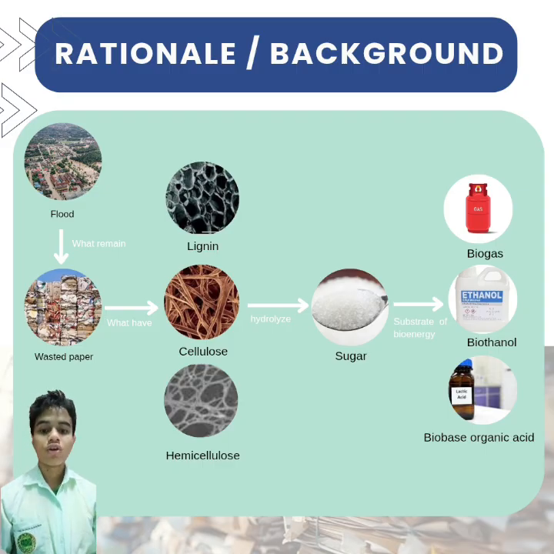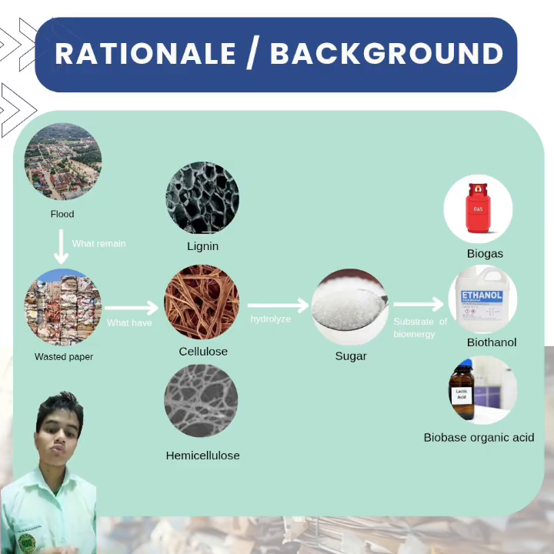Okay, next slide. Rationale and background. After a flooding event, paper that has been soaked in water cannot be reused. It also decomposes very slowly, which often leads to improper disposal methods such as open burning, releasing greenhouse gas into the atmosphere.